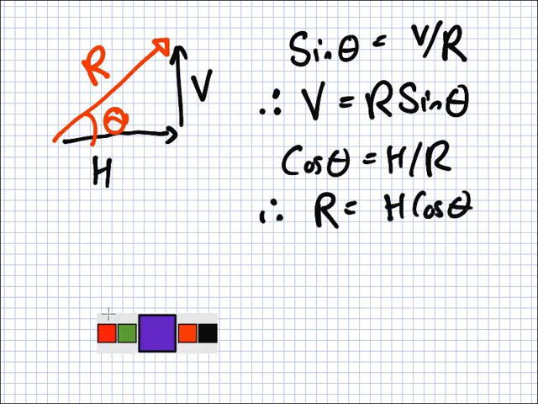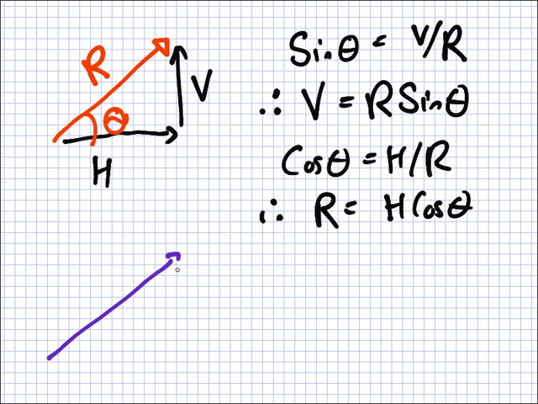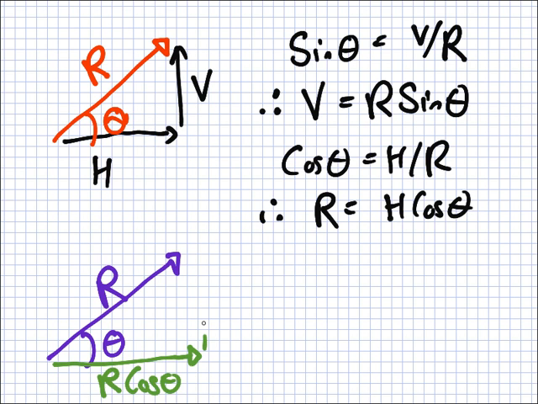So in other words, if I give you this vector with this angle and this magnitude, you can quickly say that this side will equal r cos theta and this side r sine theta. And the way you can remember is cos goes with the theta and sine goes with the opposite.